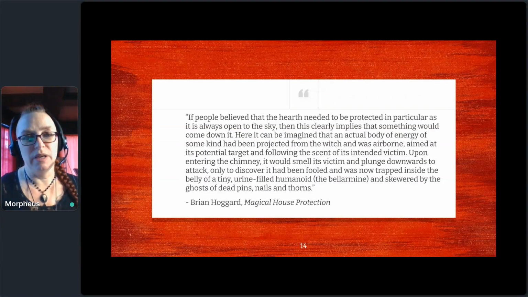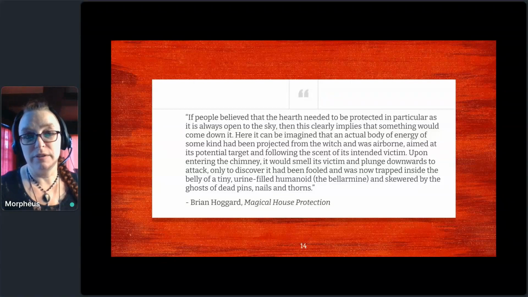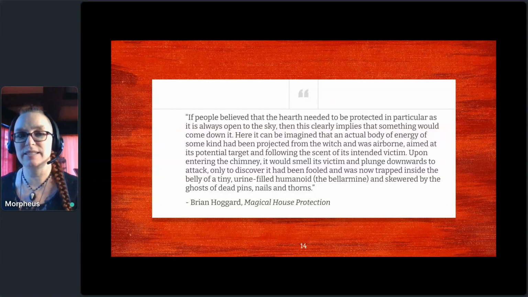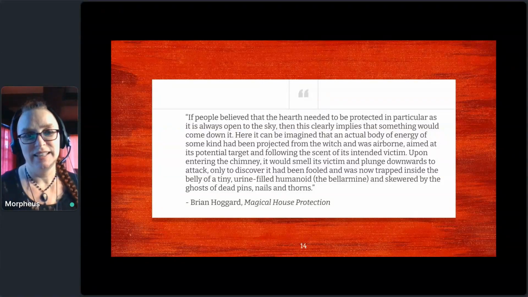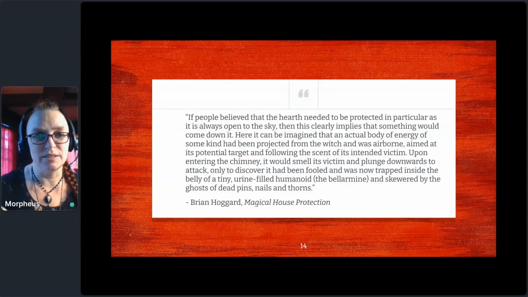This is a quote from Brian Hoggard's book, Magical House Protection. He says, "If people believed that the hearth needed to be protected in particular, as it was always open to the sky, then this clearly implies that something would come down it. Here it can be imagined that an actual body of energy of some kind had been projected from the witch and was airborne, aimed at its potential target and following the scent of its intended victim.